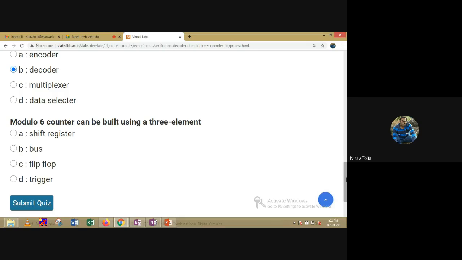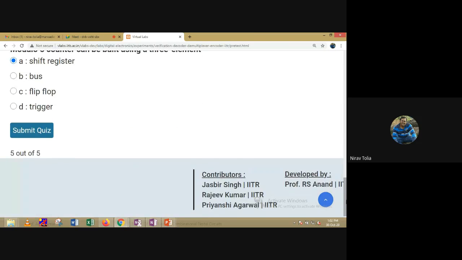This chapter is the combinational circuit. Okay. Then also Rajesh gives the answer A. Let me click it out. Submit the quiz. Okay, so all the answers are correct.